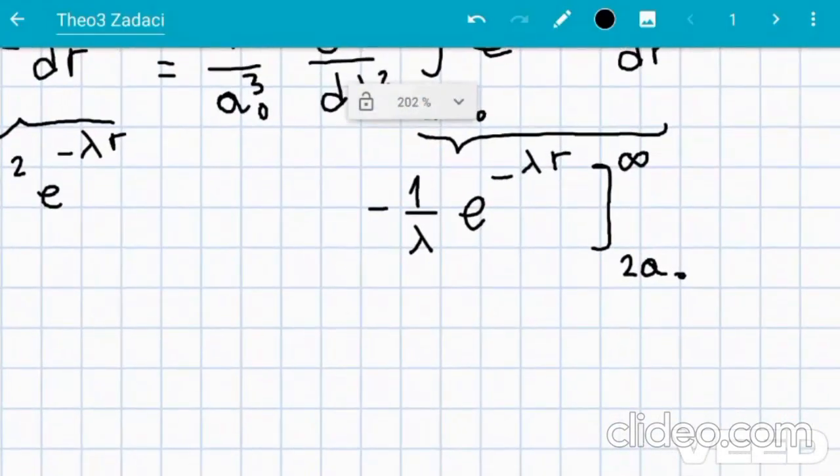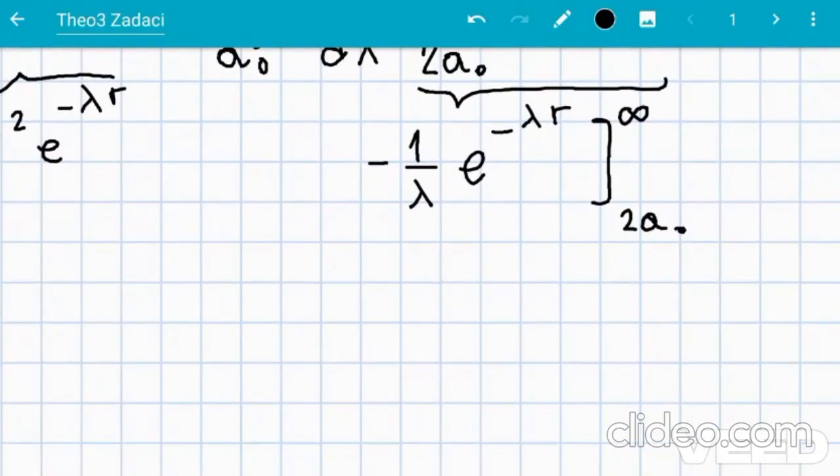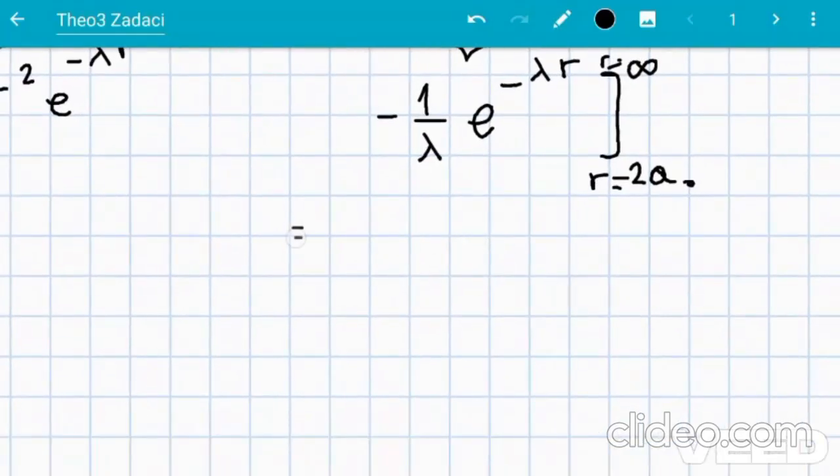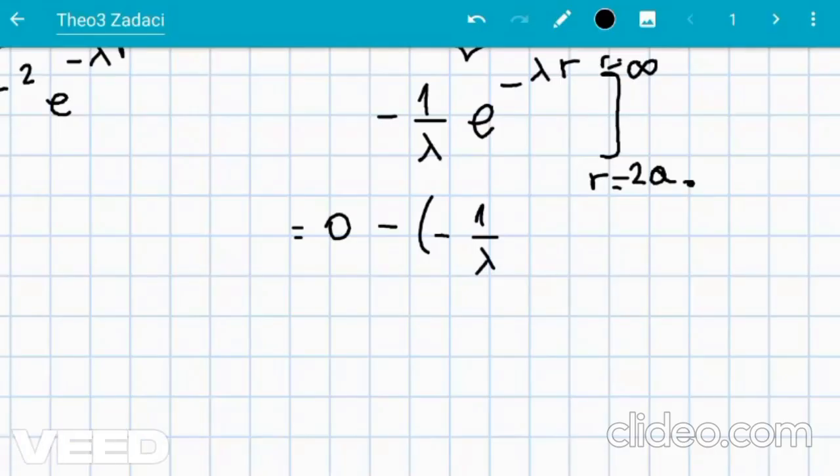So if I take the limit of the e expression as r goes to infinity, the exponential expression is going to go to 0, so that whole expression is going to be 0. And then I have minus 1 over lambda, and I can just plug 2a naught in for r, and that's what we're left with.